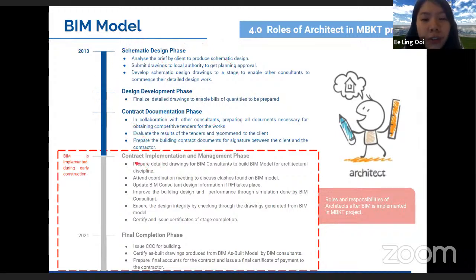Starting with the BIM implementation, the architect does not get involved directly in it, but they prepare the detailed drawings for the BIM consultant to build the BIM model for the architectural discipline, and they will attend the coordination meeting to discuss the clashes found and provide extra information when requested by the BIM consultant. And finally, they issue the CCC and prepare final accounts in the final completion stage.